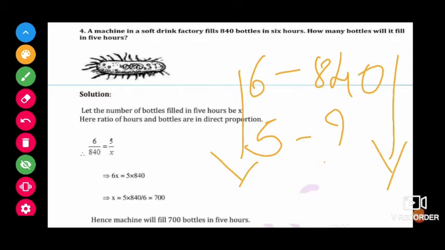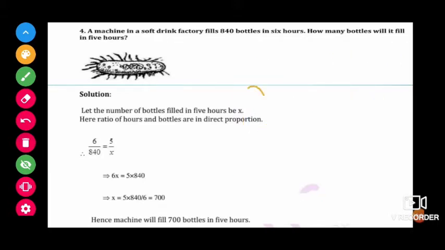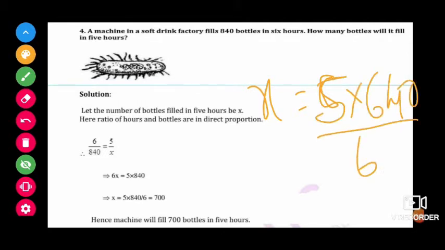So it is in direct proportion. So what you can do is cross multiplication. Let's take it as x. Then 6 into x is equal to 5 into 840. Now we want the x value, so send 6 to that side. We get x is equal to 5 into 840 by 6.